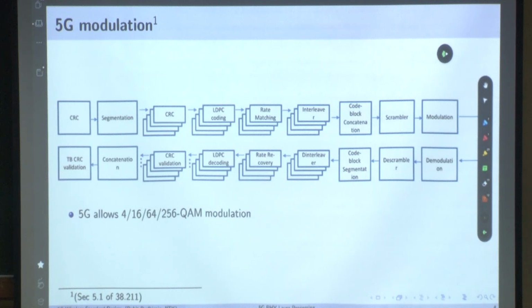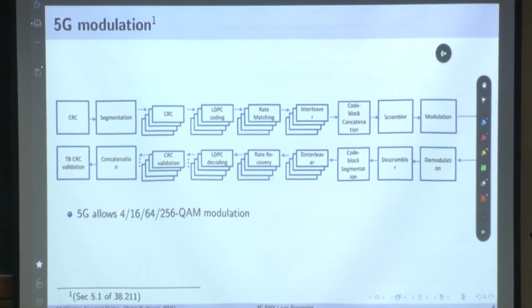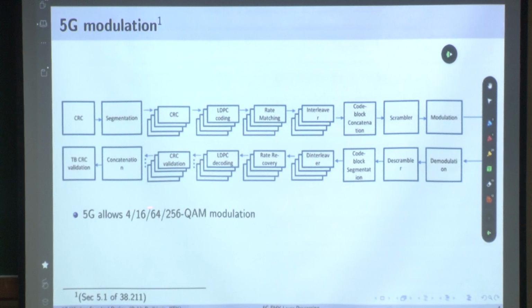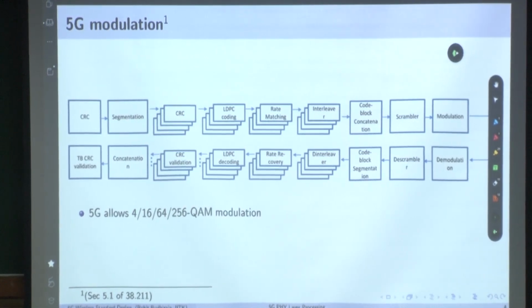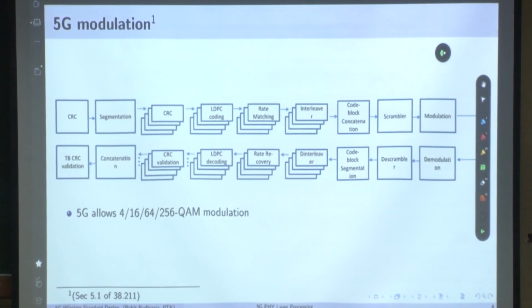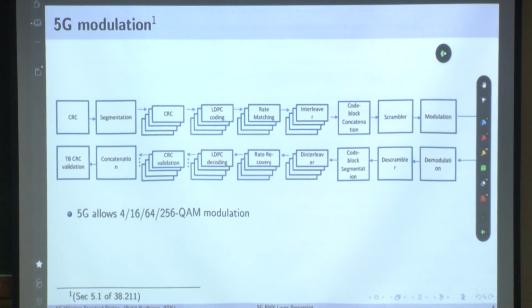If it is a control channel, BPSK is also allowed. It starts from QPSK, which is 4 QAM, and goes up to 256 QAM. As far as I believe, 1024 QAM has also been introduced, and people are talking about introducing 4K QAM and 16K QAM also.